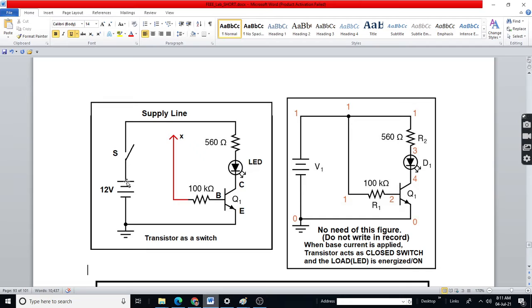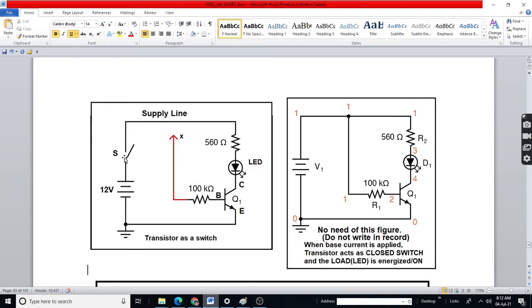See, load current flows from supply to collector to LED via limiting resistor. This 560 ohms is used to limit the current. Otherwise, LED and transistor may get overheated, and also the power supply will be overloaded.